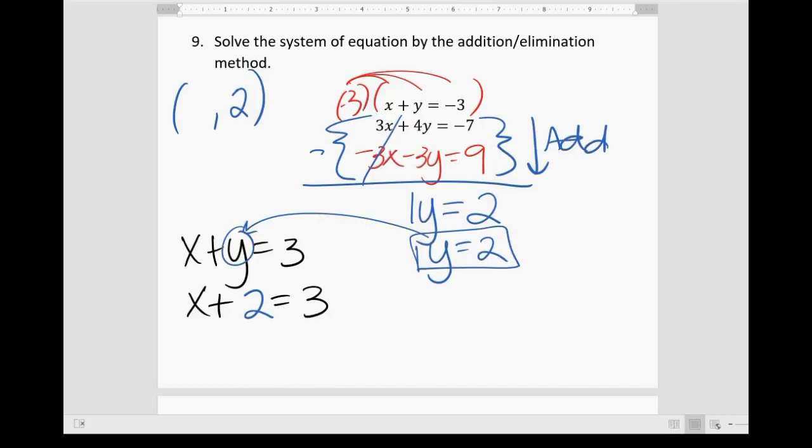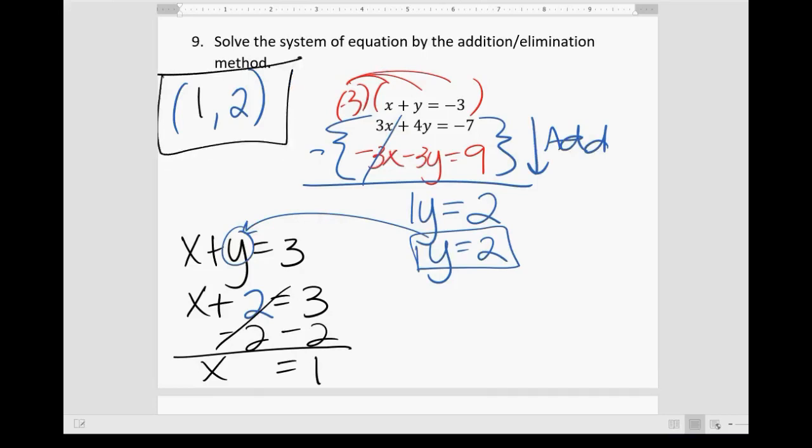To solve for x, I'm going to subtract 2 from both sides, so x equals 3 minus 2, which is 1. So that is the x coordinate of your solution. The solution to this system of equations is (1, 2).